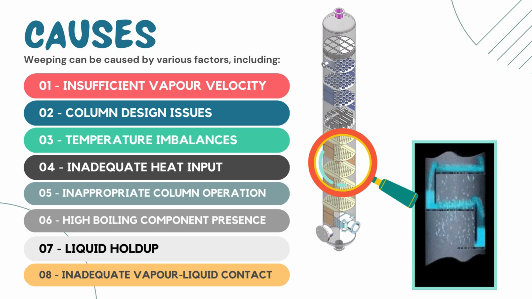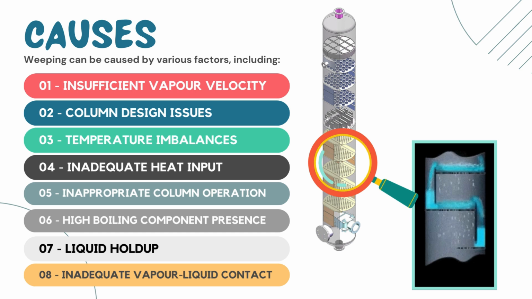Now the next factor which affects the separation efficiency by causing weeping is inadequate heat input. Guys, if the heat input in the distillation column is insufficient, the vapors may not reach the necessary temperature for effective separation, and this can result in the condensation of vapor within the column and causes weeping.